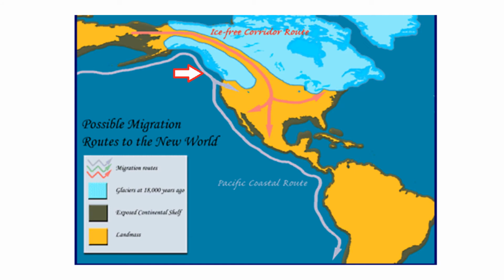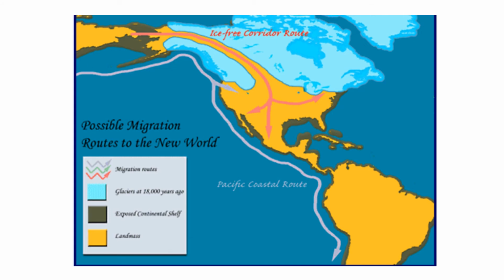And so perhaps they were able then to travel along the coast in their sort of basic boats all the way down to the tip of South America, much faster than if they had been walking there over the generations.